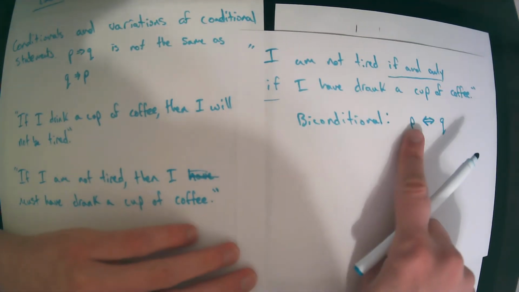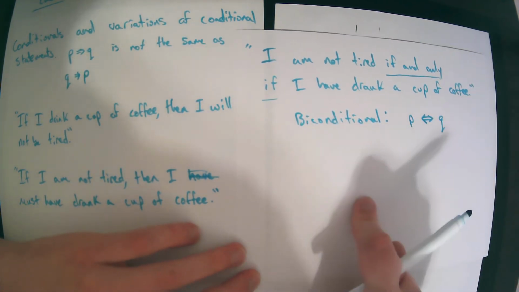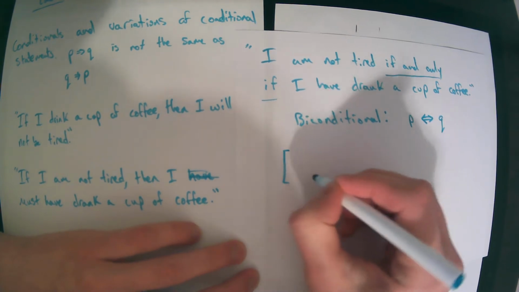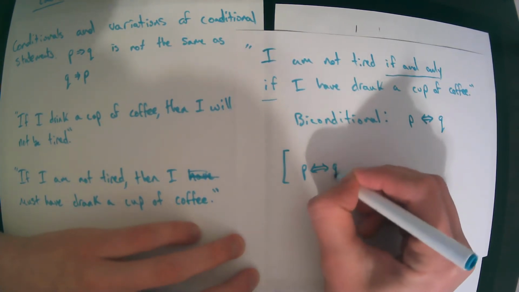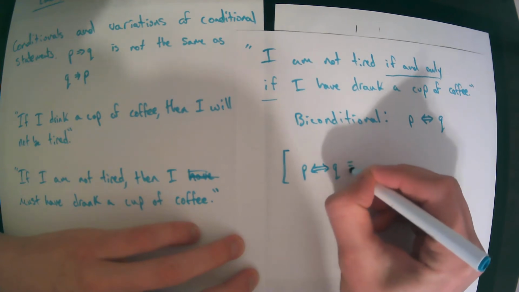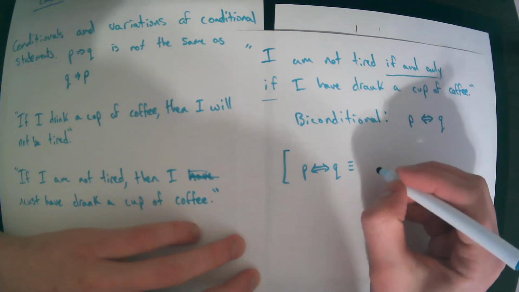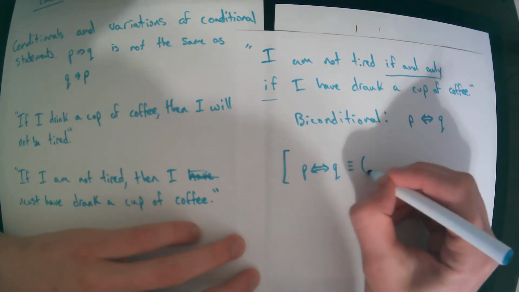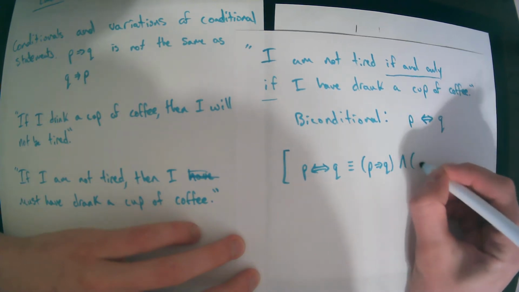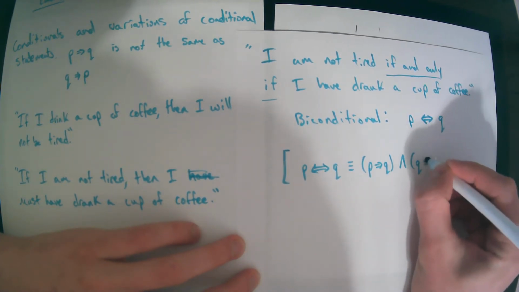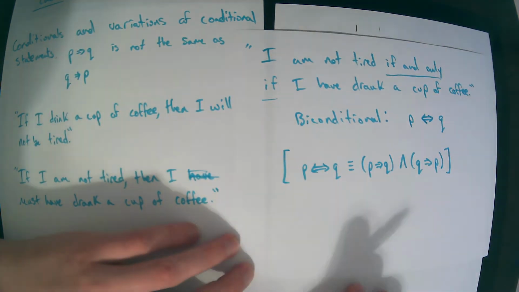So we can make a note: this biconditional is logically equivalent, and we'll show this later, to P implies Q and Q implies P.